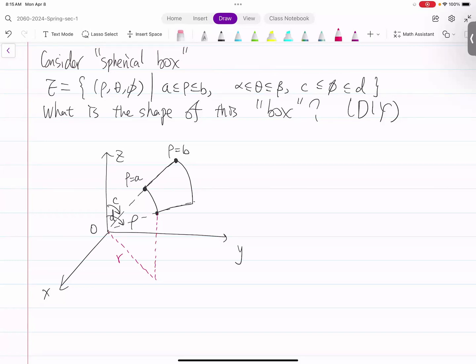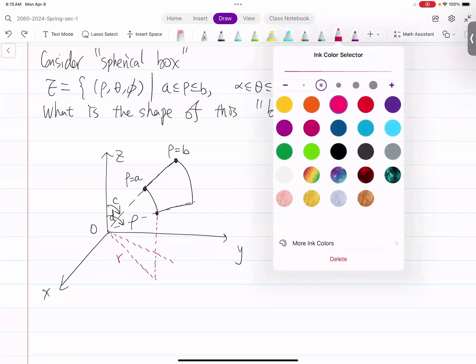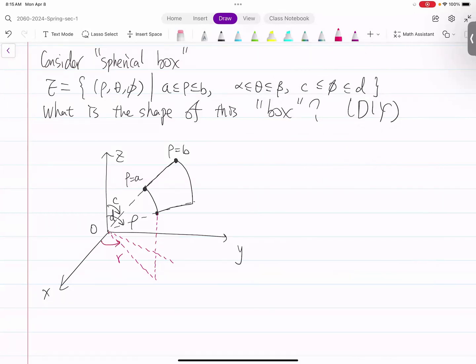And now we're gonna do the evolution for this red dashed line radius. Because theta is actually this angle, right? It's gonna increase from alpha to beta, okay? So that's the evolution here.